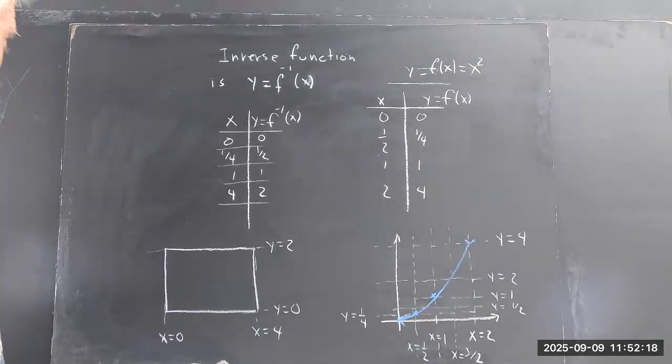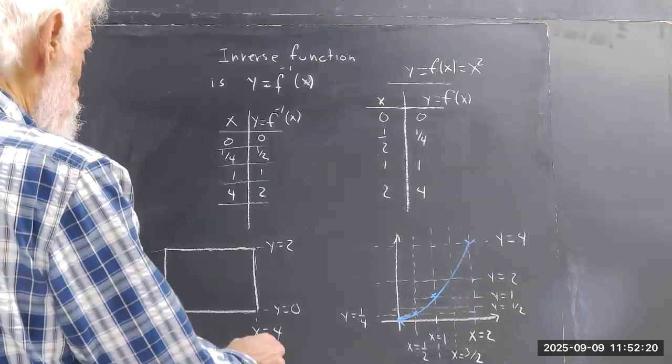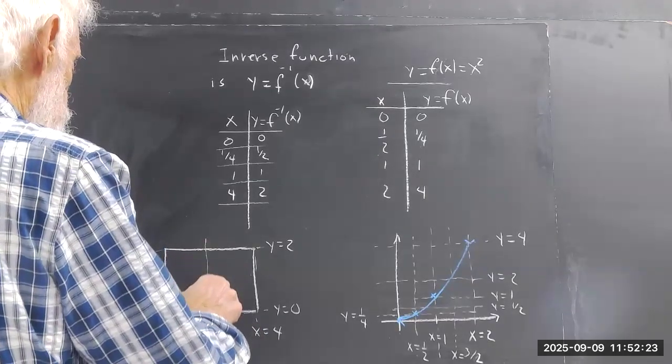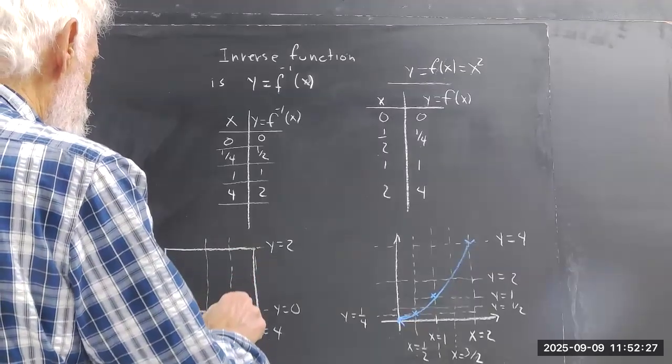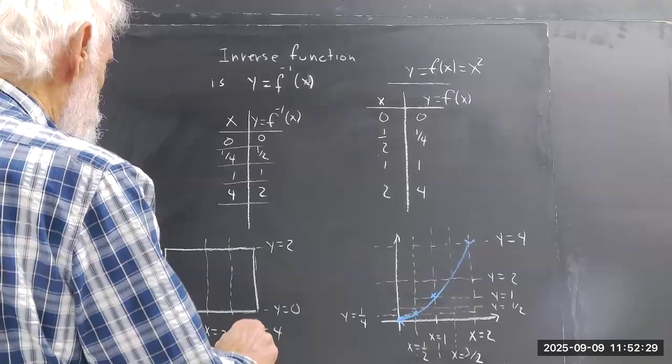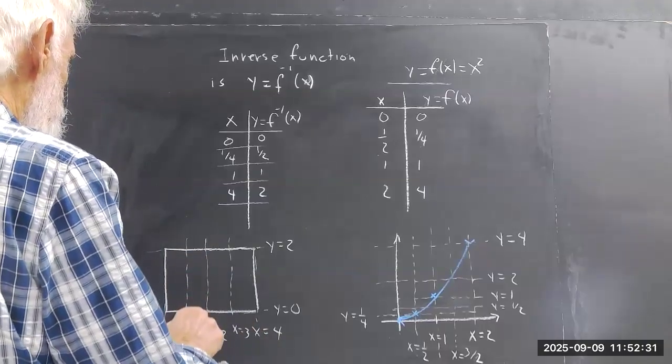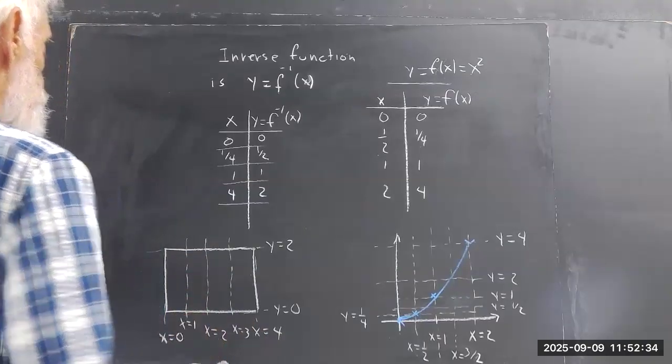Now, if you want to divide things up, which is pretty easy to do for the x values, you could have x equals 2, x equals 3, x equals 1.